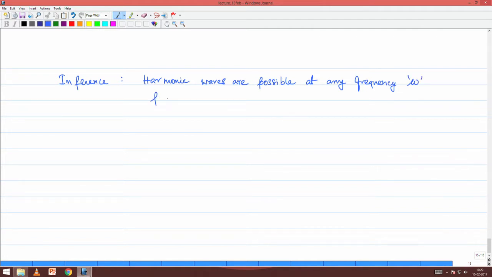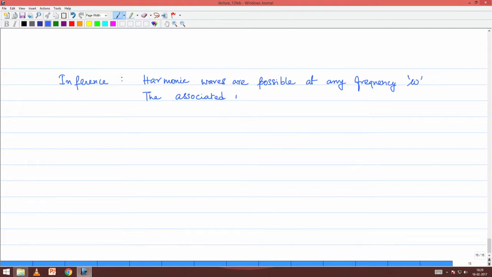Once you say it is a wave, there are two things that you must say, one is the frequency and the other is the wave number. So, associated with the frequency omega there is a harmonic wave, and the wave number of this harmonic wave is going to be k, where k is given by that equation.